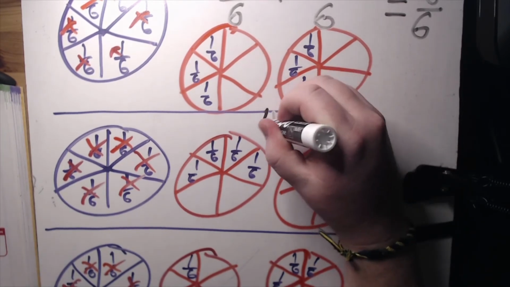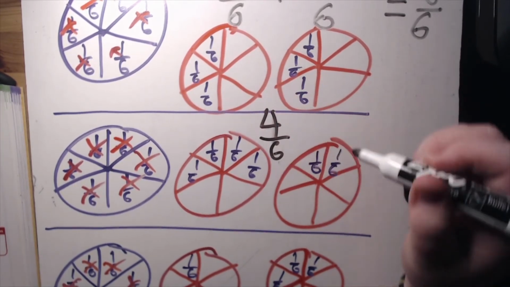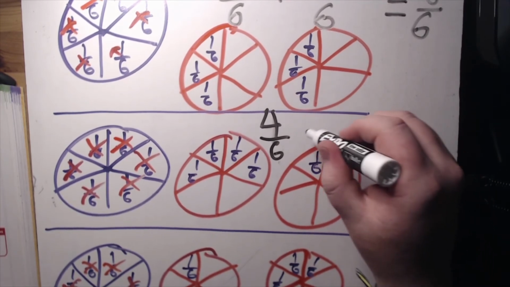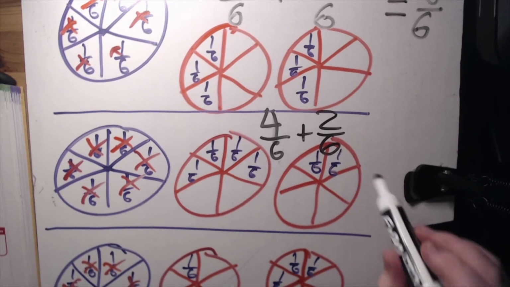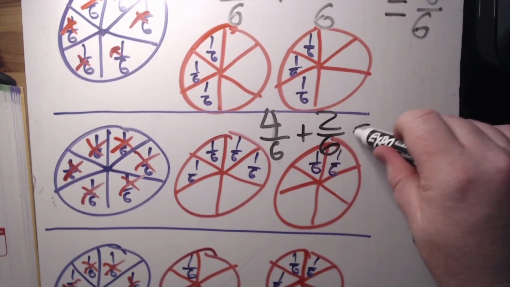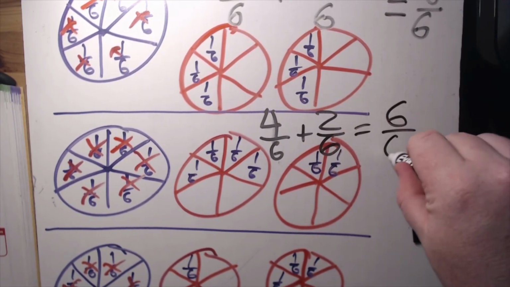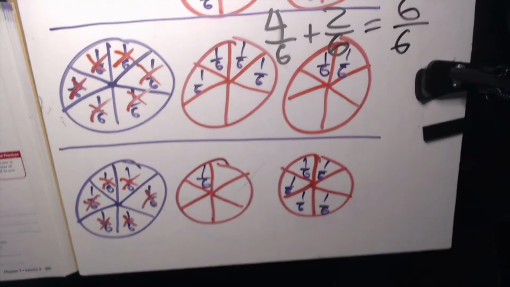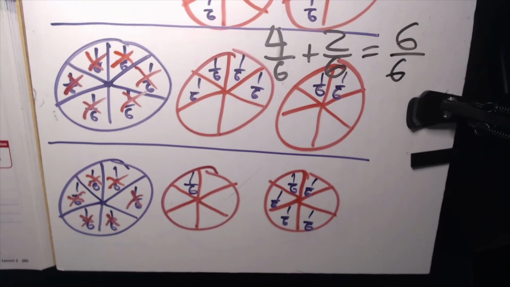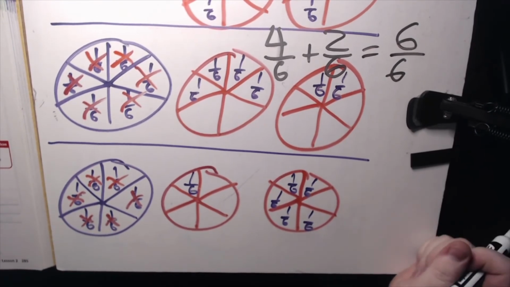Is this one better? Yes, it is. 4/6. And then this is 1, 2/6. So we have plus 2/6. Sorry about the overlap right here. But 4/6 plus 2/6 still equals 6/6. And last but not least, the ever so deceitful Isabel theft.